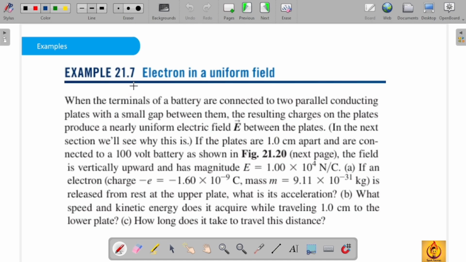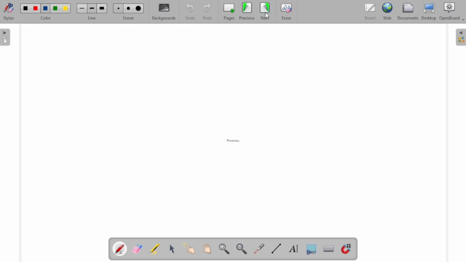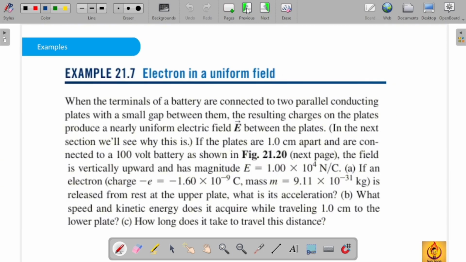Who's responsible for 21.7? Letabo. Letabo is not here. Is Letabo here?